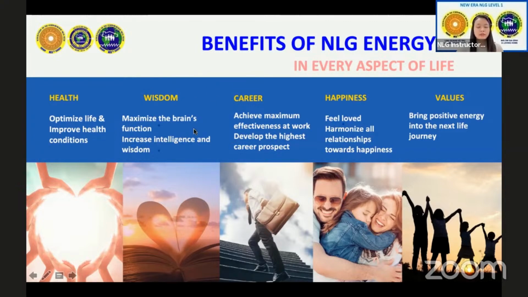And then once we have that, of course, we're able to achieve maximum effectiveness at work, develop the highest career prospect, and from there, we're able to feel harmonized, feel loved and harmonize all relationships towards happiness. And then it has a deeper meaning as well, which Mr. Lay will certainly explain in high class level, where this energy, through you, will bring positive energy into the next life journey.